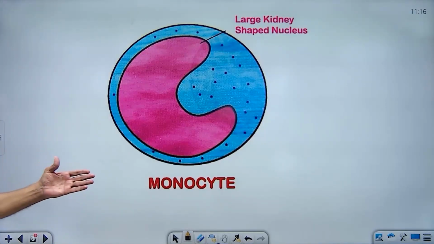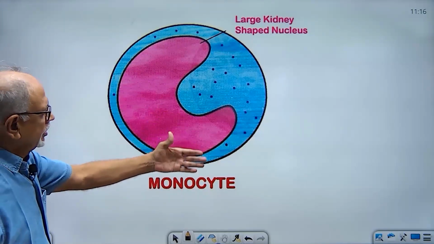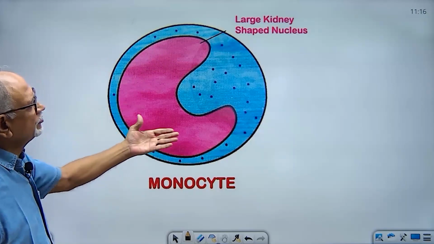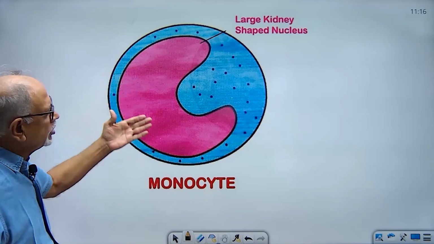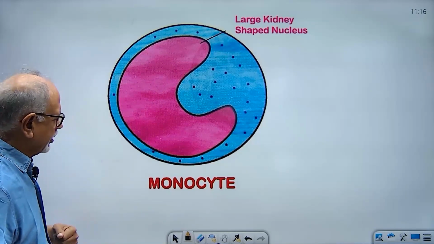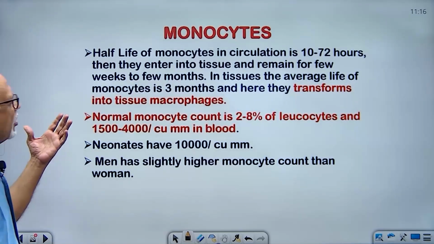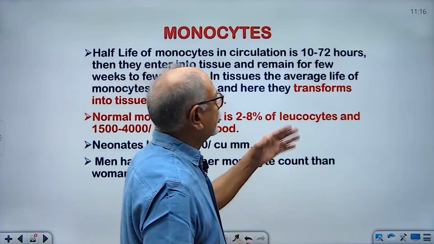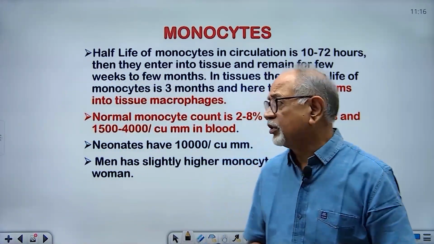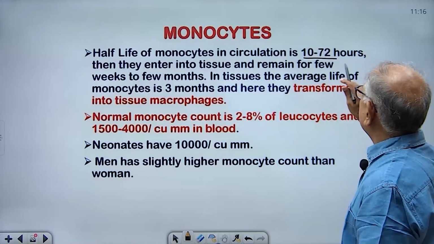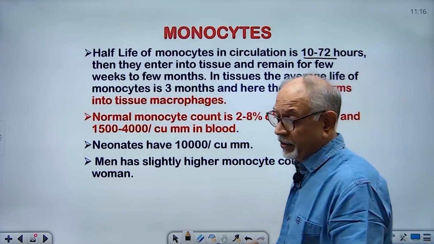Now here is the structure of a monocyte. It has a very large nucleus which is bilobed or kidney shaped. You know, the half-life of monocyte in circulating blood is 10 to 72 hours only.